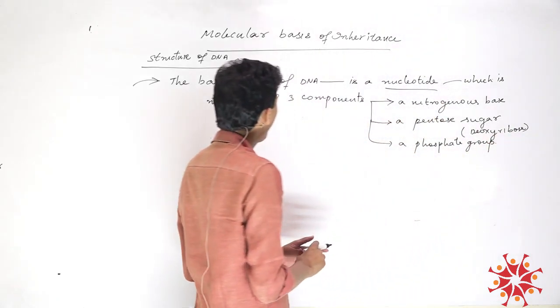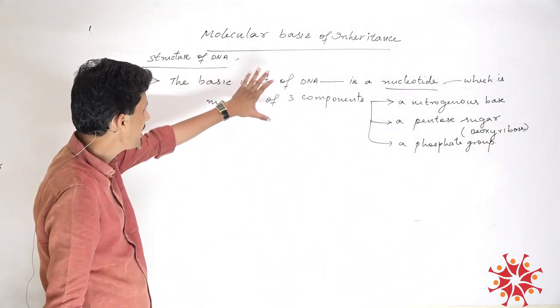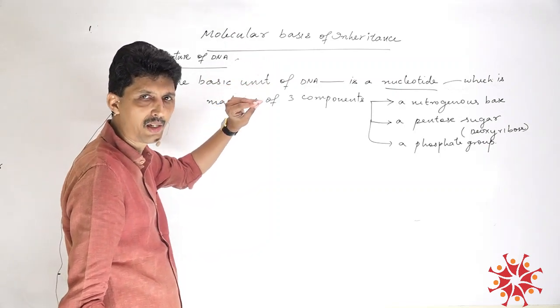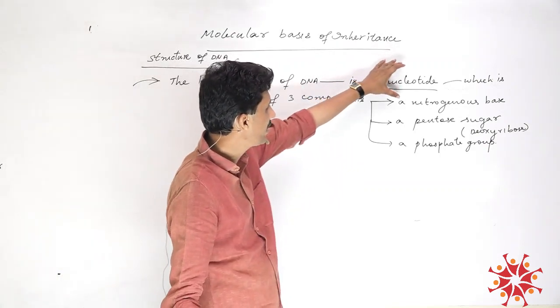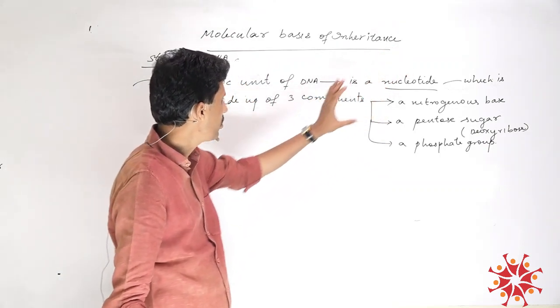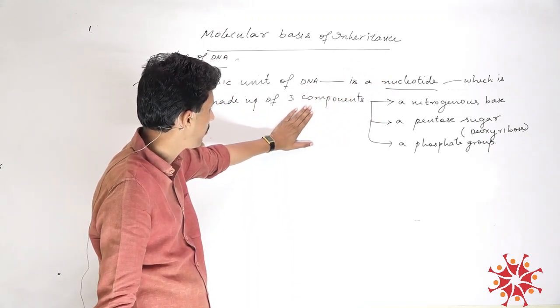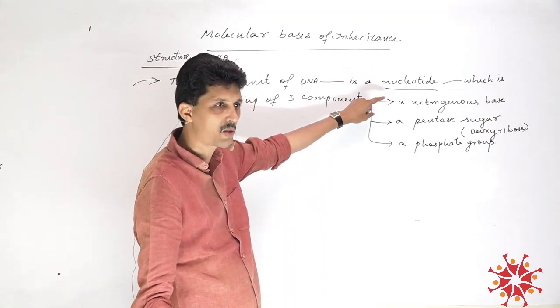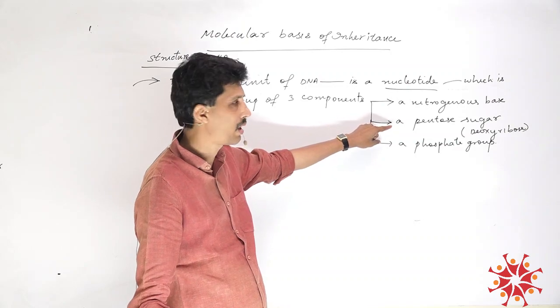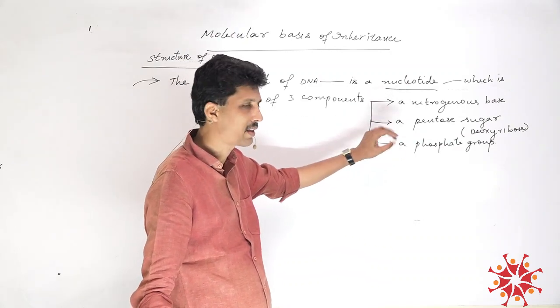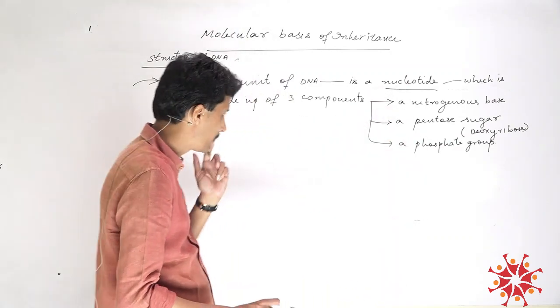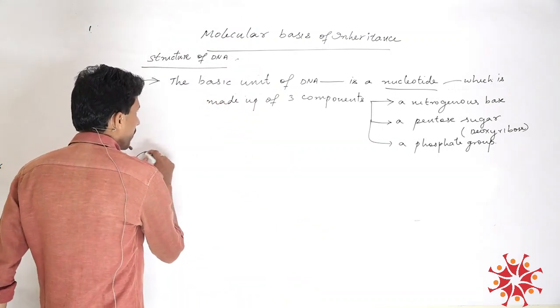So here what I am saying is DNA is a polynucleotide. Its basic unit is a nucleotide, and nucleotide is made up of these 3 components: 1, a nitrogenous base; 2nd, a pentose sugar which is deoxyribose type; and 3rd one, a phosphate group. Next.